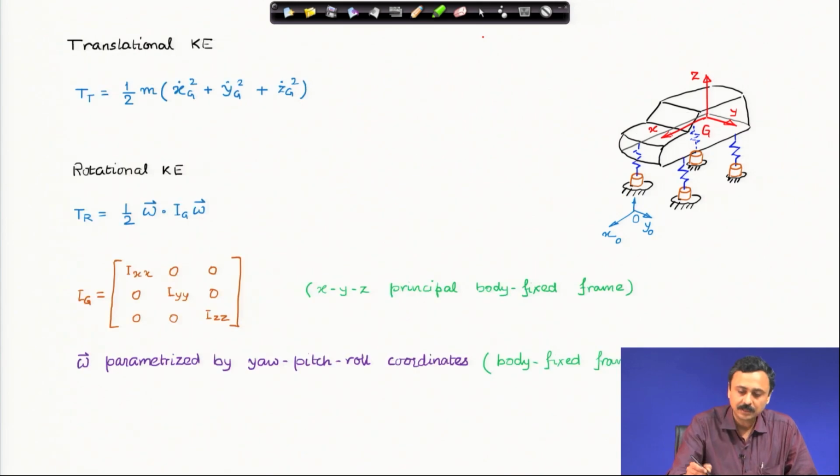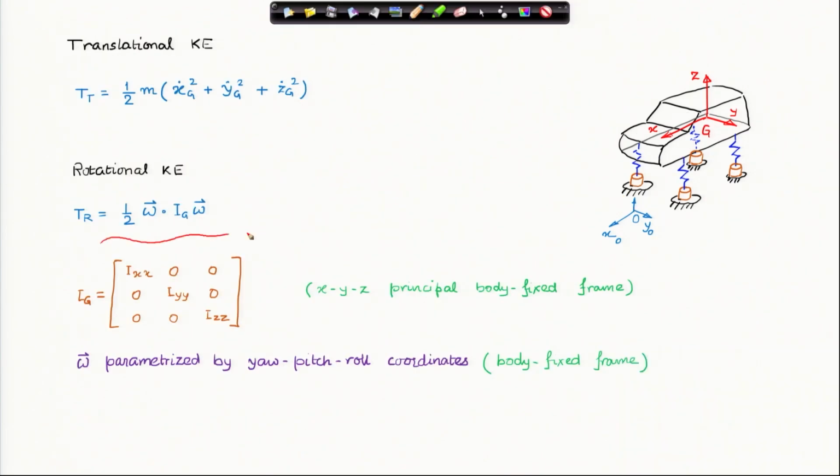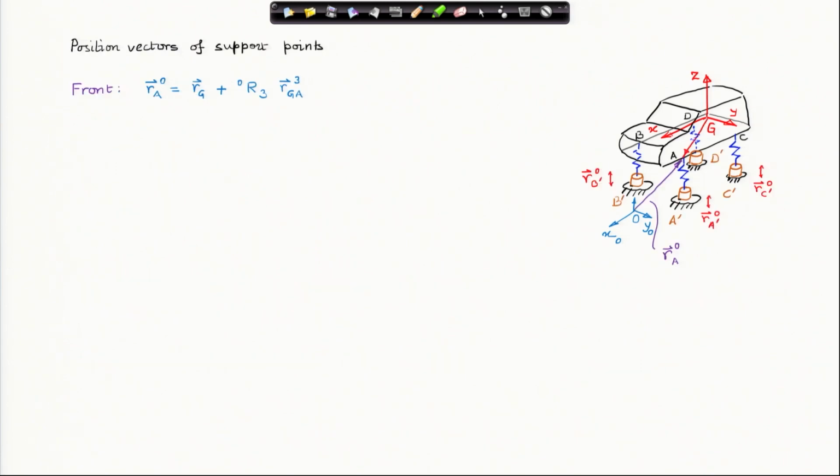Using these expressions, I can write down the rotational kinetic energy. This is quite complex, therefore I have not written it here. Therefore, we have the total kinetic energy, translation plus rotation.